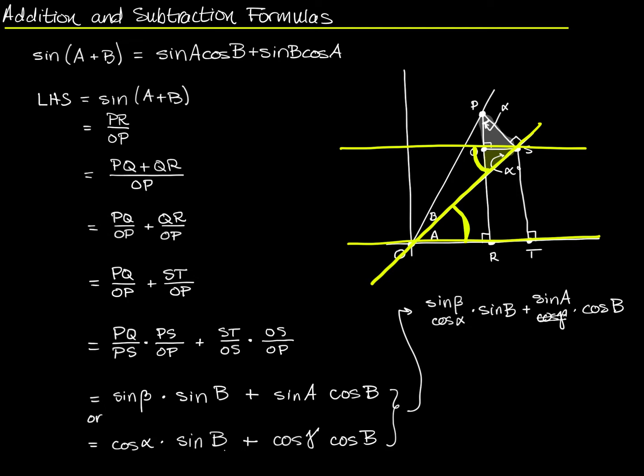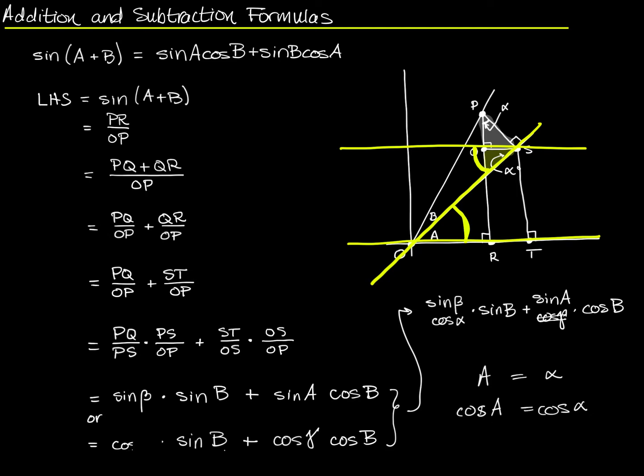But the point I need to make here is that this angle right here, which I have labeled alpha, and this angle down here, which is angle A, are the same size. So cosine of alpha, what that means is that I can change cosine alpha to cosine A.